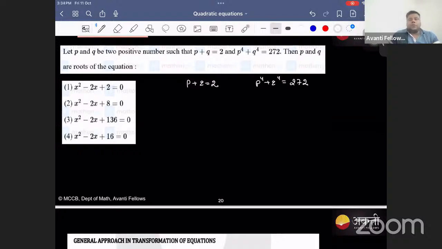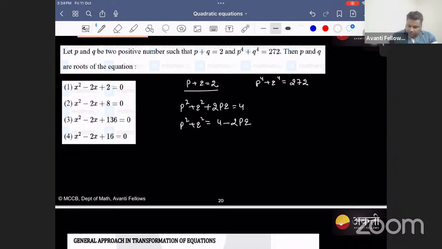Now, what are you looking for? You are looking for the product of roots. Sum of roots we already have. If I square this equation, I get P square plus Q square plus 2PQ equals 4. Got it? So I write P square plus Q square is 4 minus 2PQ.